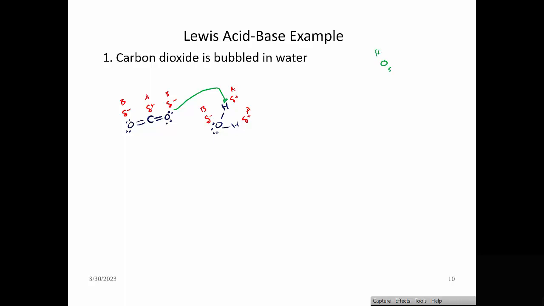And then it's going to overlap with what orbital on oxygen? Well, what's the hybridization on oxygen? sp3. So on the oxygen, it's sp3 hybridized, so we're going to have an sp3 orbital here. And the bond is created by the overlap of an sp3 and an s.